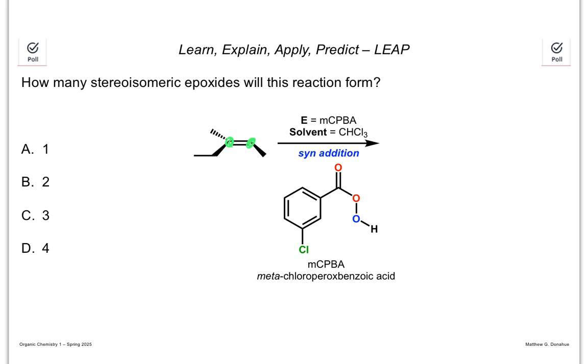So those are the sp2 carbons of the alkene. Based on the geometry, this carbon, that carbon, and that hydrogen all lie in a plane. That plane is flat. So there's a top and a bottom face to that plane. So that oxygen can come from the top or the bottom, and now it's going to give 2 different products.